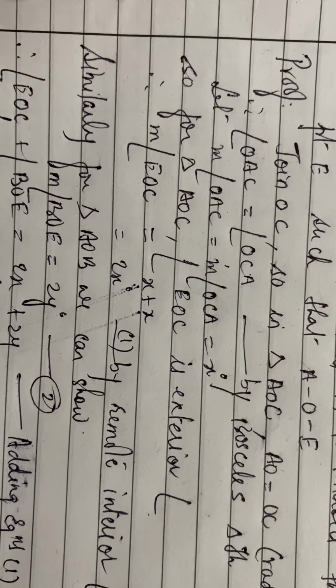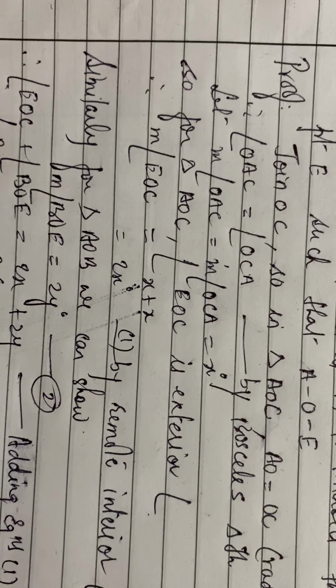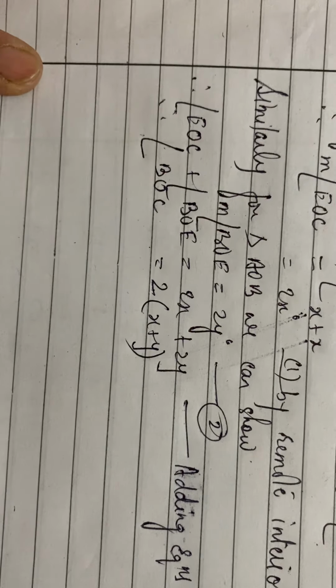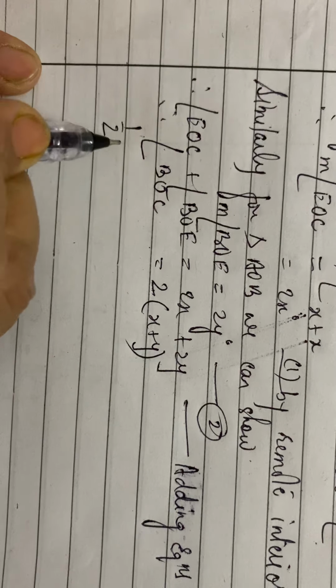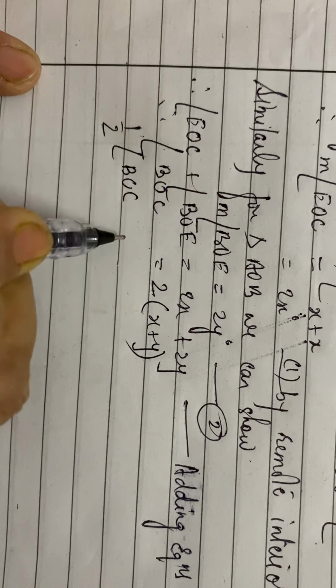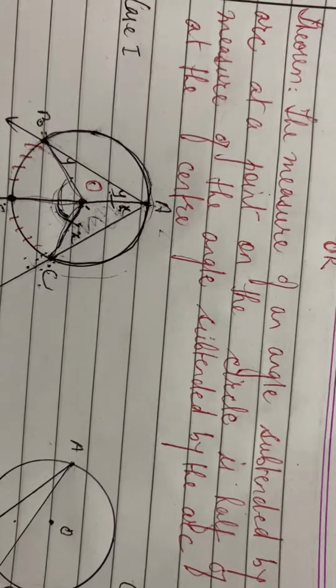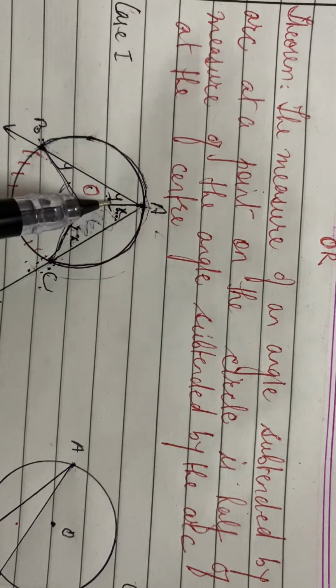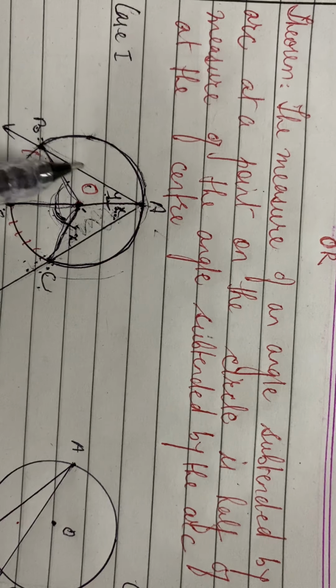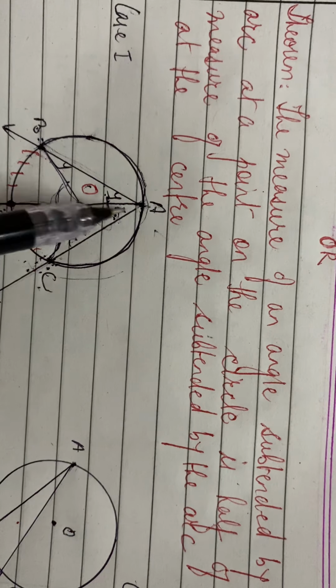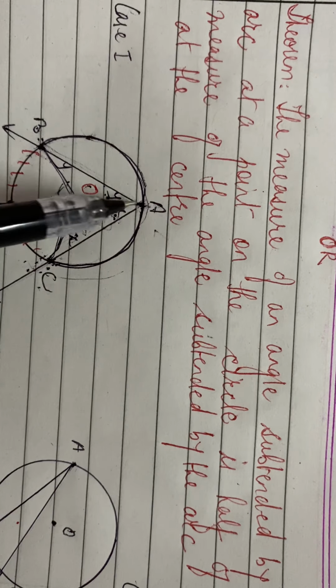Fine. Now we take this 2 to the left hand side. If you take this 2 to the left hand side, it will become half of angle BOC, which is equal to x plus y. Now come to the figure. What is x plus y? X plus y is nothing but angle BAC. Angle x is angle OAC and angle y is angle OAB.